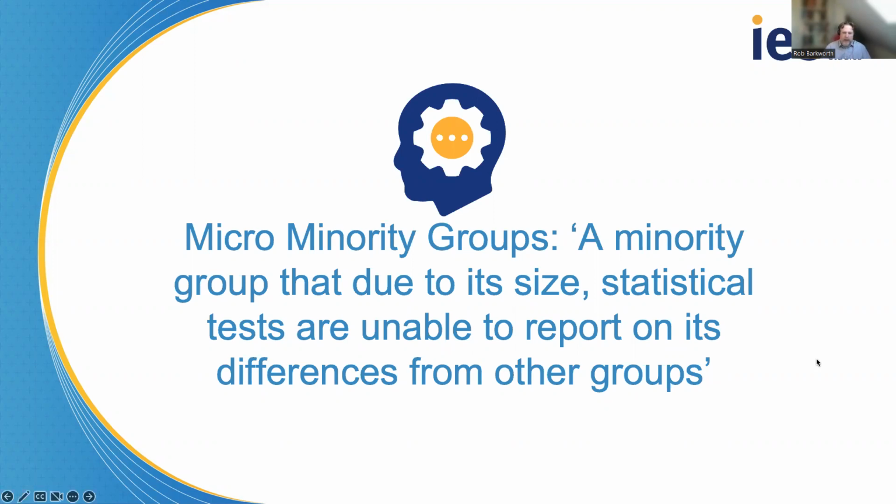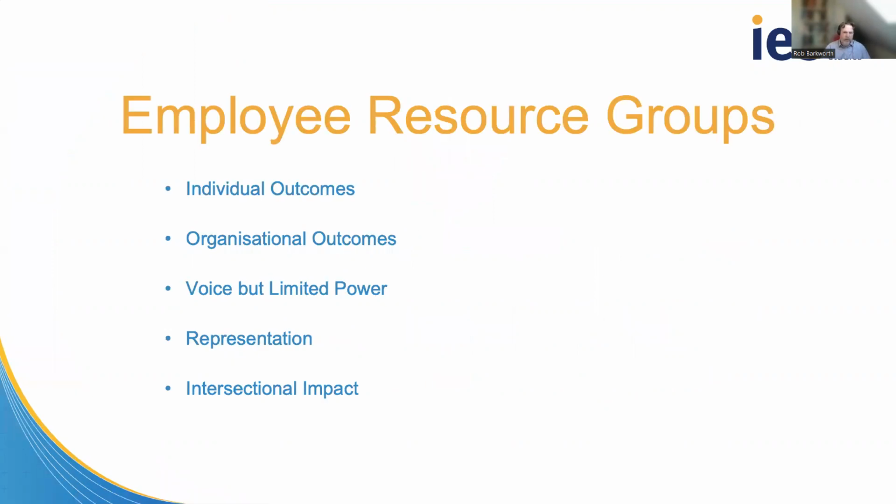The third trend that I saw was in relation to employee resource groups. Looking at the Fortune 500, something like 95% of Fortune 500 companies have employee resource groups. From my research, I certainly saw that they were very popular within the FTSE 100 as well.